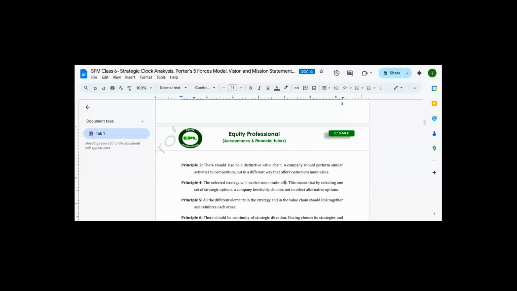Let me give you an example of this trade-off. In the 2020 diet, ICAN asked if the company in question, I think the name is ASL, Air Spirits Limited, used principle 4. Yes, the company used principle 4 because they put a trade-off in their strategy. And what is their trade-off?